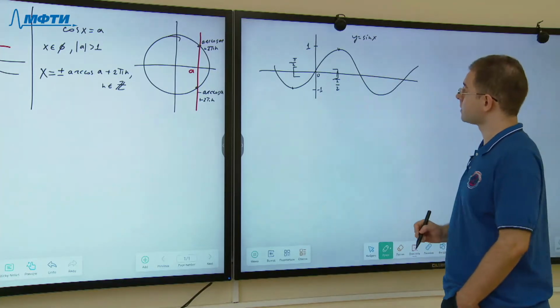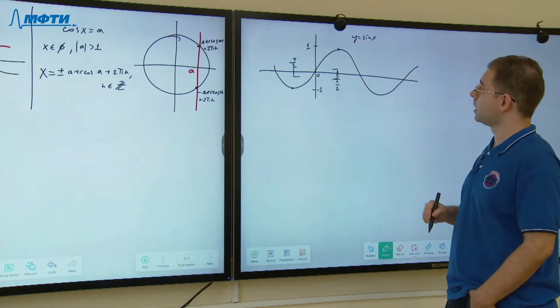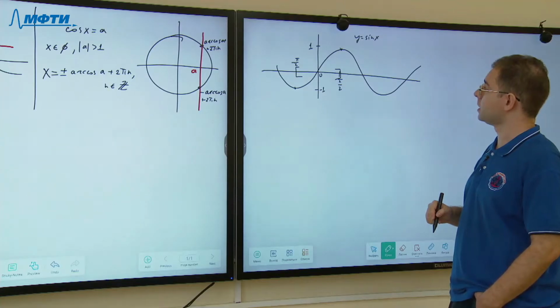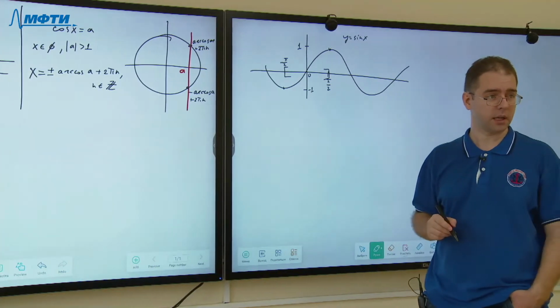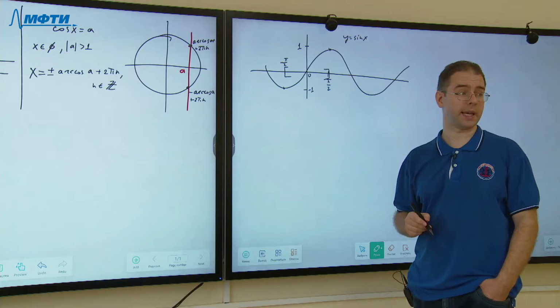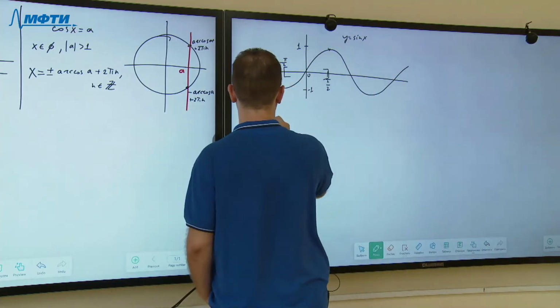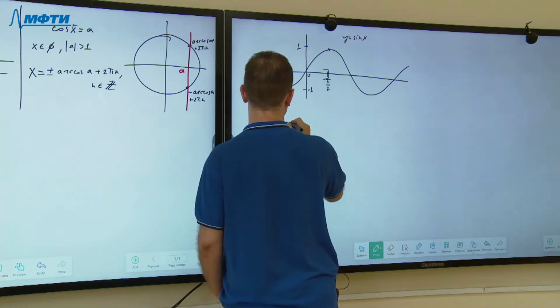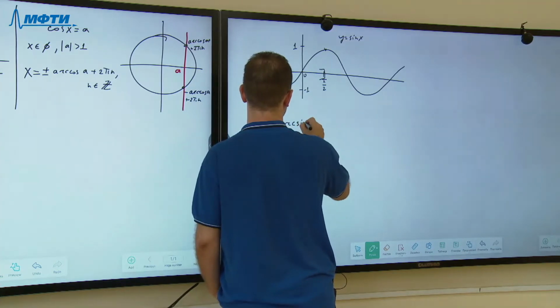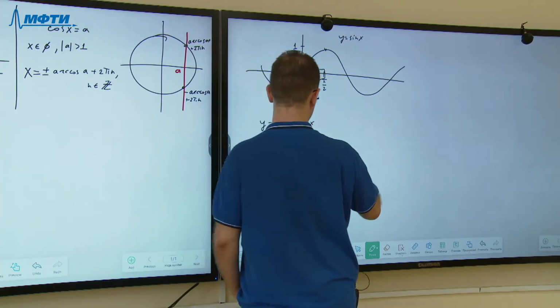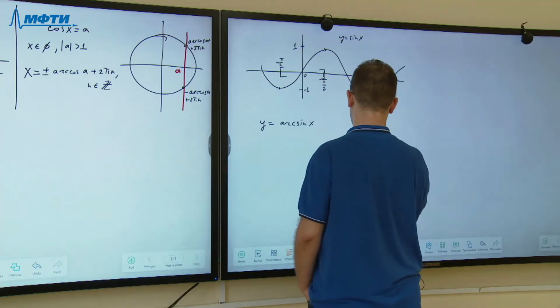And on this interval, the function is monotonically increasing. So we will later discuss that it has an inverse function y equals arc sine x, which looks like this.